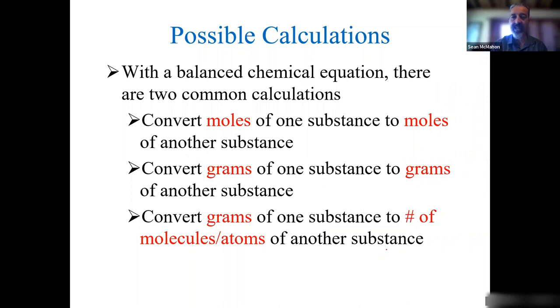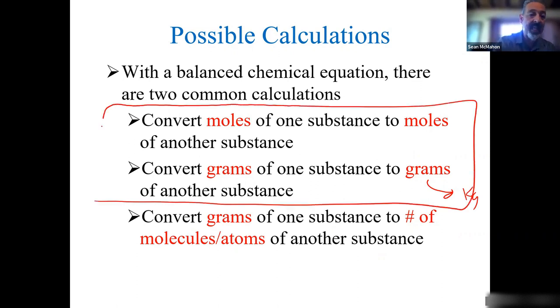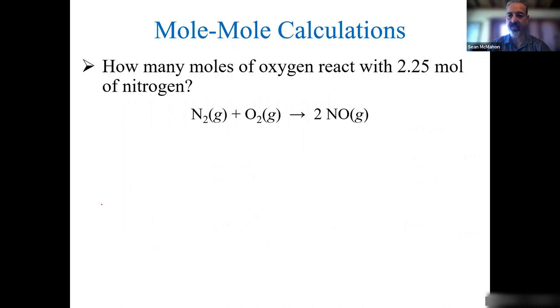We could also change grams to kilograms. But again, the focus is let's get this down so all the other information is a little bit easier. So let's start with just mole to mole.